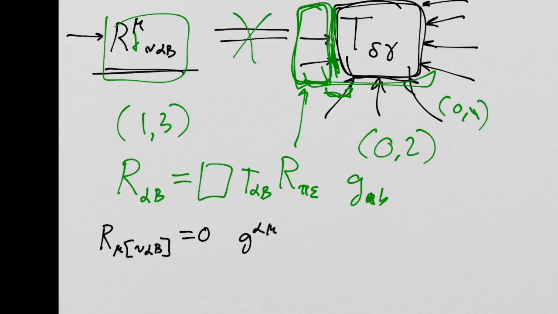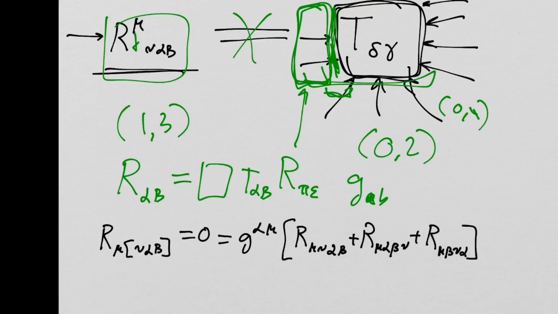Let me just write it out, right? If you expand this anti-symmetry, you end up with three positive parts, but you also end up with three parts that come in with a negative sign. So there's 6 terms in this altogether.